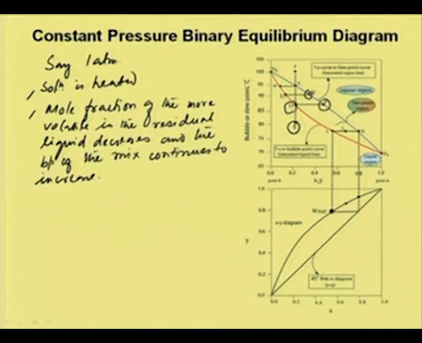The last drop of liquid vaporizes at point X, and has the composition and boiling point represented by W.